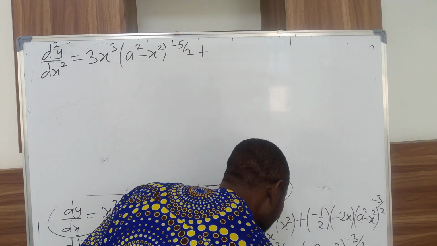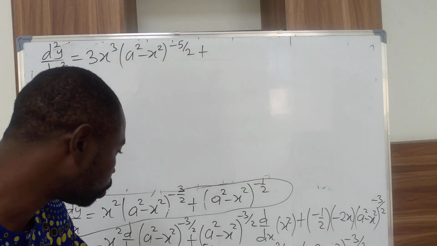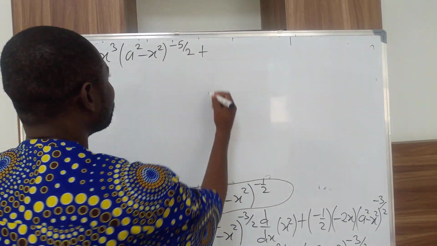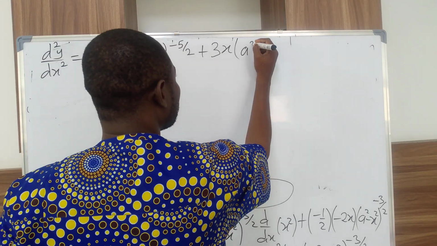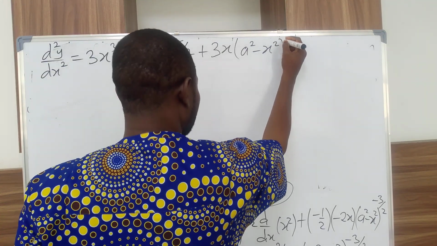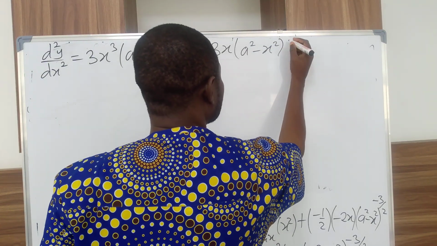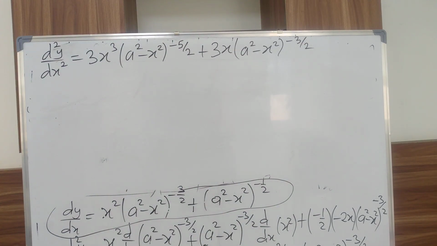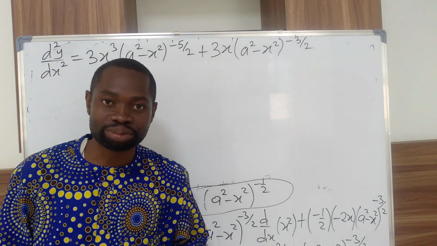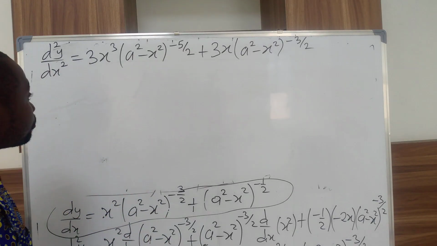So I can just do 2x plus x, give me 3x into (a squared minus x squared) to the power minus 3 over 2. Alright, I think we are getting there.